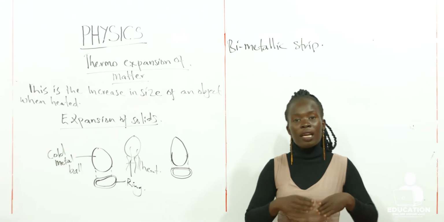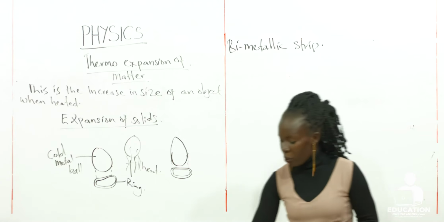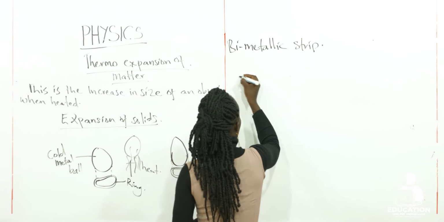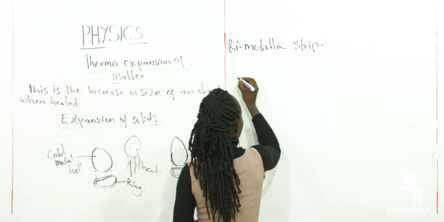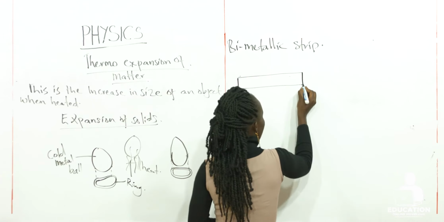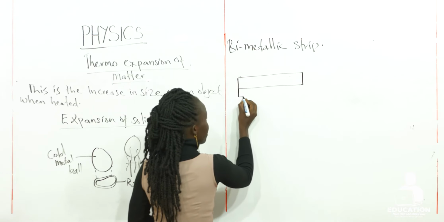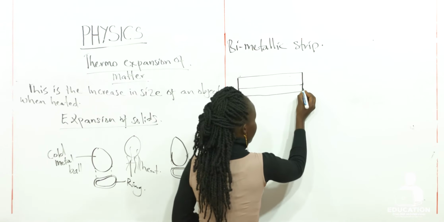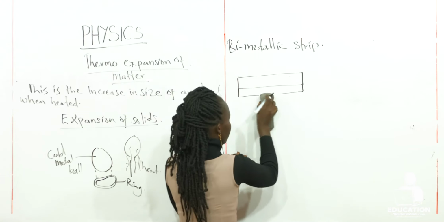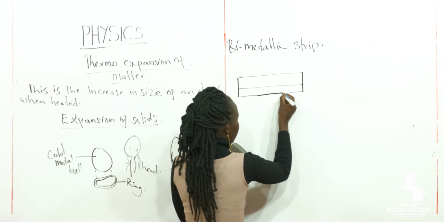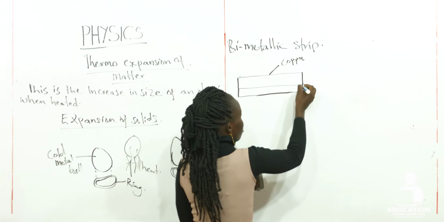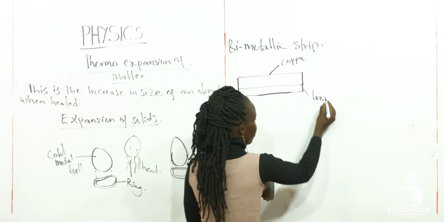So you see that when you get a bimetallic strip, this time we are making a combination of copper. We are combining, we want to tie them together. So we shall have this one having the copper, and this one down is our iron.